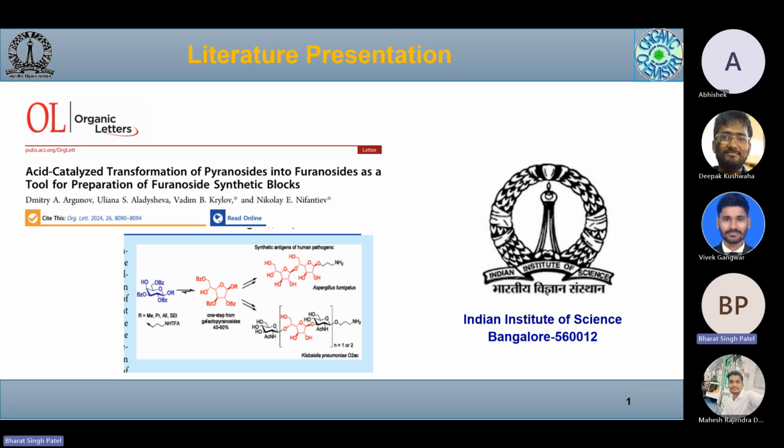They also saw many reports where furanoside was a key glycoconjugate for many microorganisms like bacteria, fungi, protozoa. So they wanted to mimic the same protocol to synthesize the furanoside.